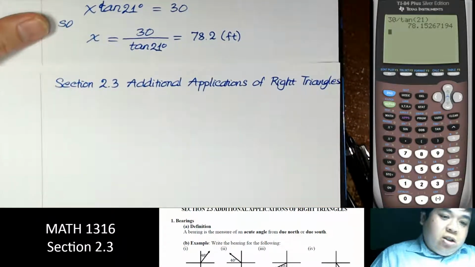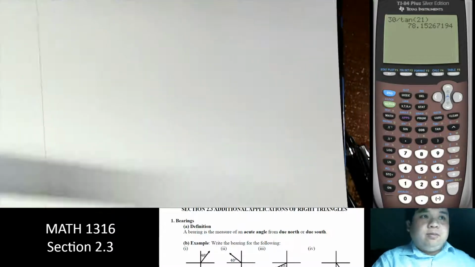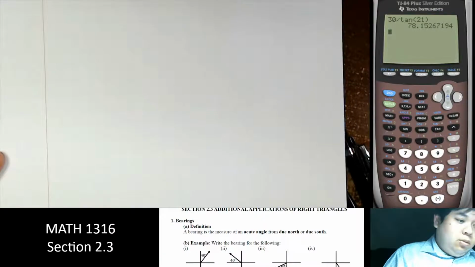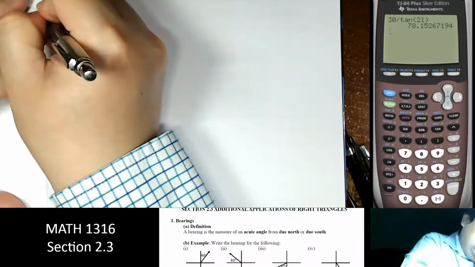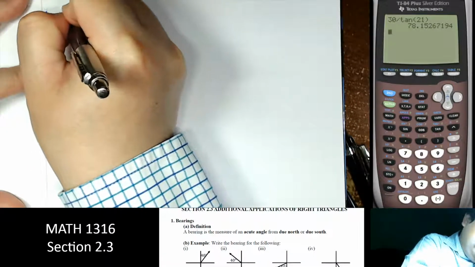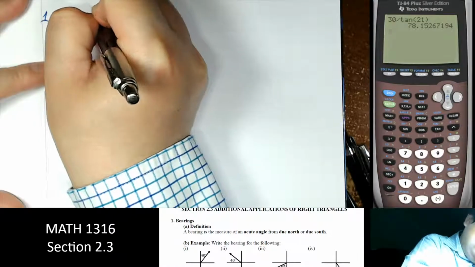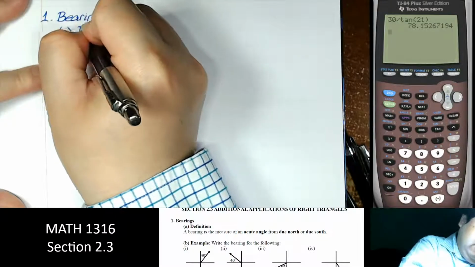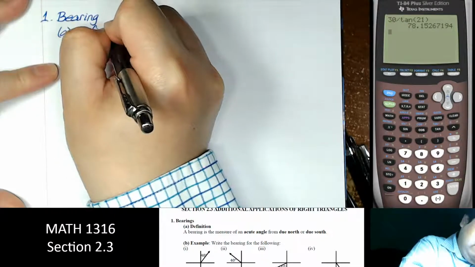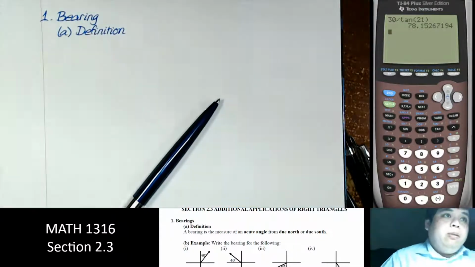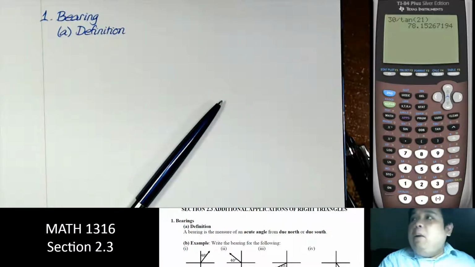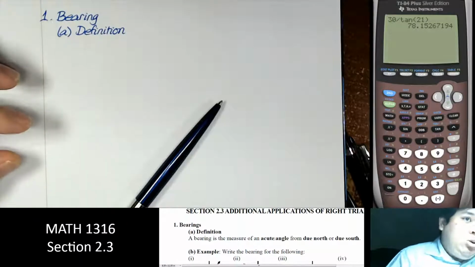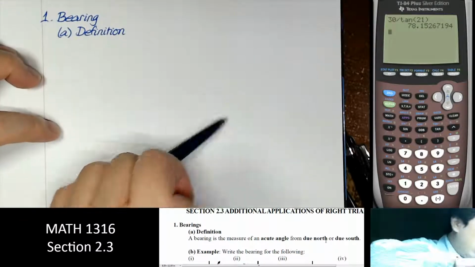Additional applications of right triangles. One is a bearing. Definition: a bearing is a measure of an acute angle from due north or due south.